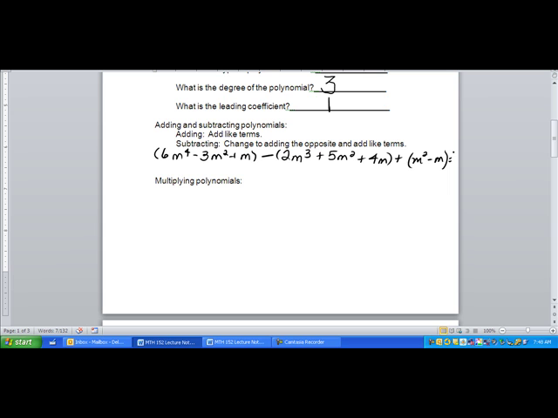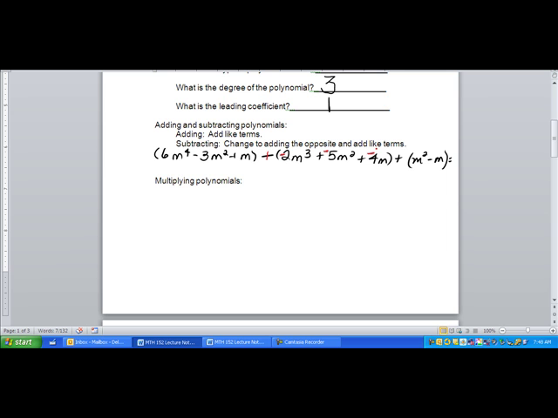So what we want to do first is take care of distributing this negative. So I'm going to change the subtraction to addition and just change the signs of the terms inside that set of parentheses.